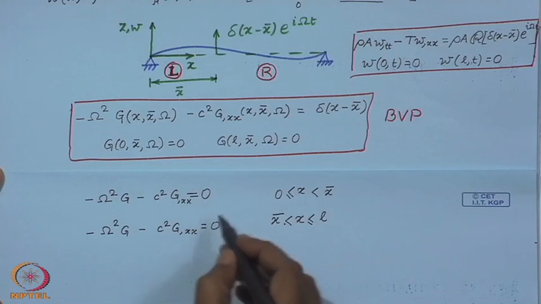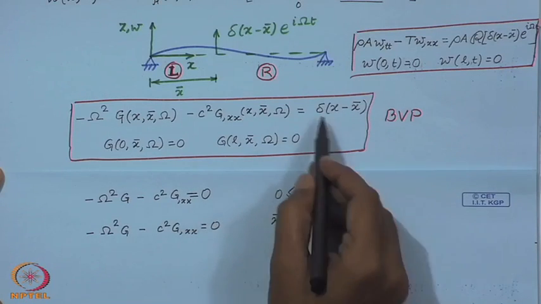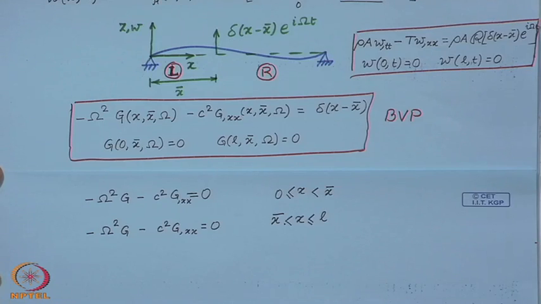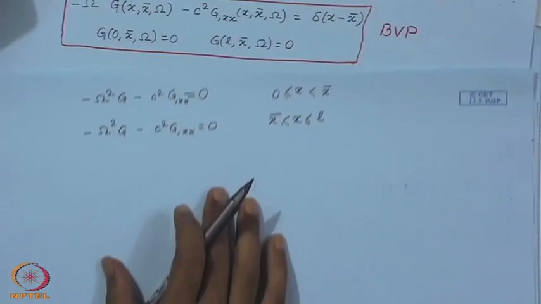So, only at x equal to x bar there is this Dirac delta function acting. In the other regions there is no forcing. Now, we can easily write the general solution for the Green's function in these two regions.